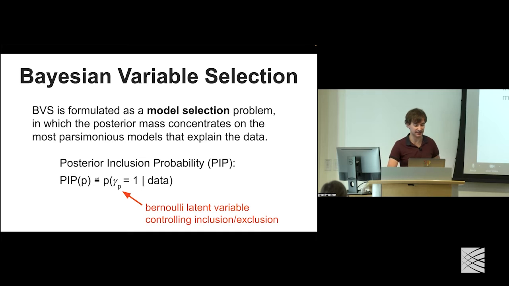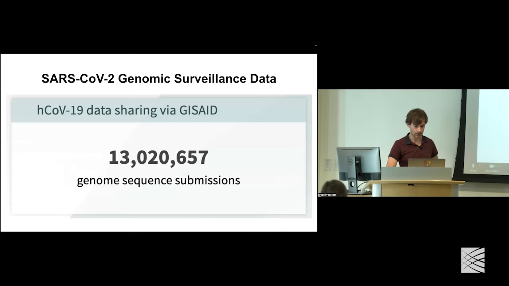So if the PIP is large, let's say the PIP is 1, this is saying that in the posterior, the vast majority of models that fit the data well actually needed to use this covariate to explain the data. So the fact that we get this PIP is a very useful aspect of Bayesian variable selection. Okay, so with that very short recap, let me actually talk about most of the talk.